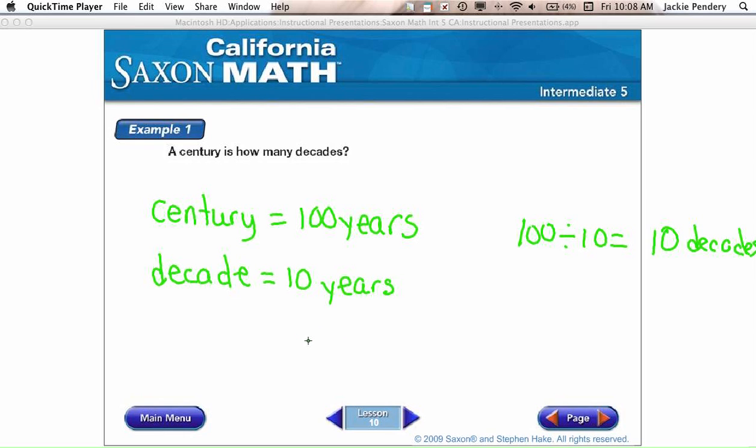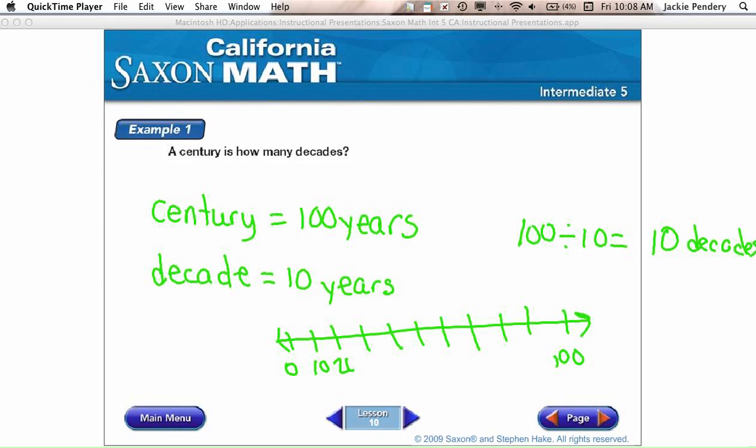I can also do this by looking at a number line. Okay, here's my 100 years, and if I count it by tens, 10, 20, 30, 40, 50, 60, 70, 80, 90. This is 0, we don't count.